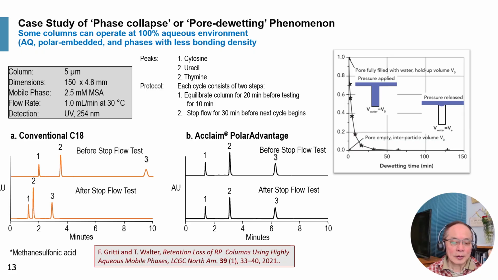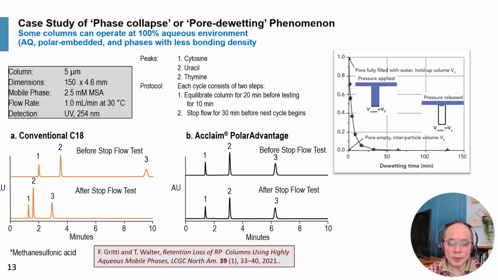This is due to the C18 long-chain hydrophobic phases collapsing, so that there's less stationary phase available for retention, right? So that's not good. The column actually can be restored by going to a higher percentage of organic solvent to wet the hydrophobic chain again, and you just cannot stop the pump at those conditions.